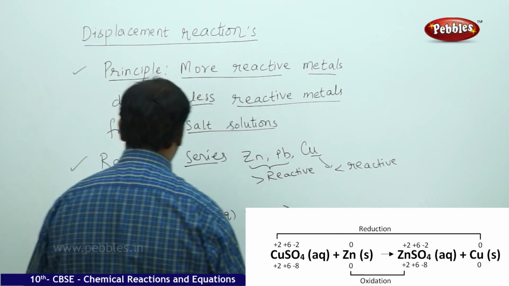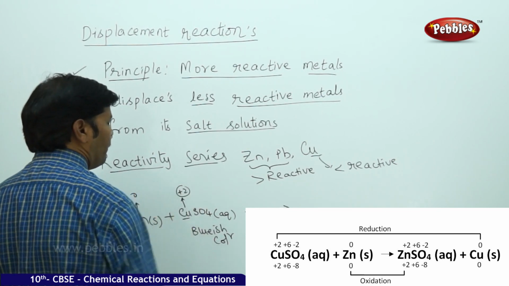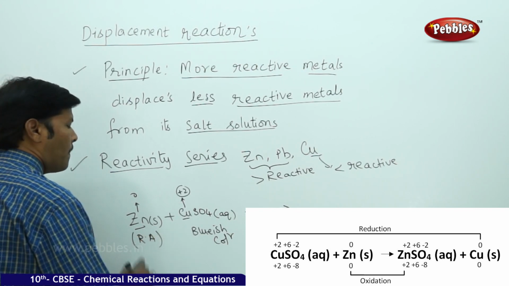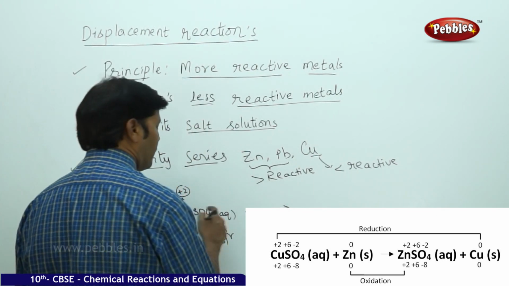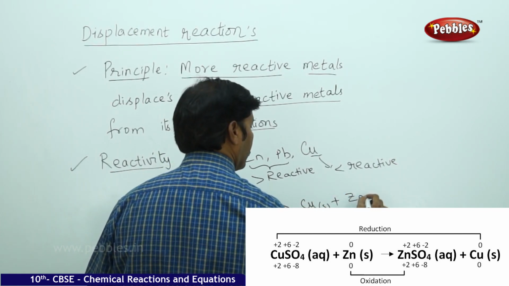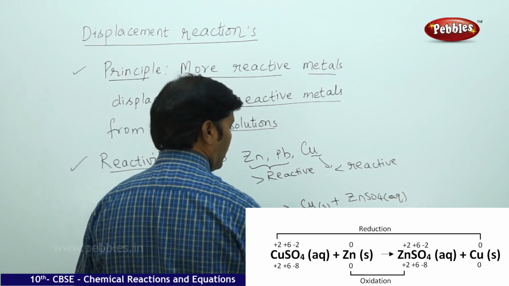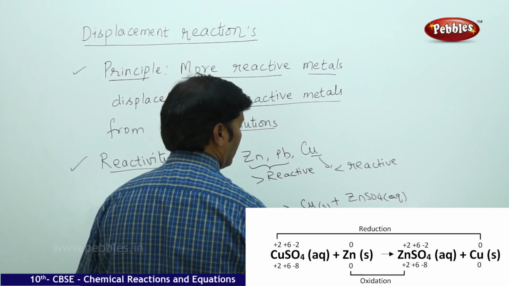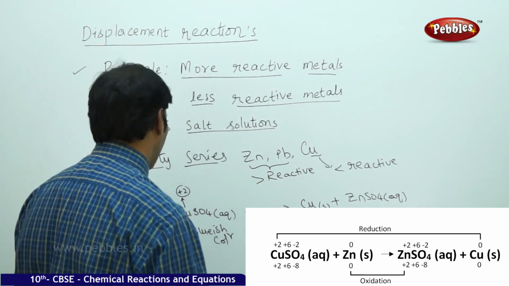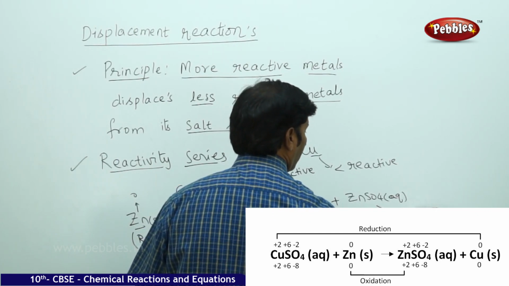Here zinc oxidation number is 0, in copper sulphate copper oxidation number is +2. So this copper is getting reduced. Zinc is acting as a reducing agent. Copper sulphate gets converted to copper solid plus zinc sulphate aqueous. The blue color fades, and the zinc sulphate is going to become a white precipitate.